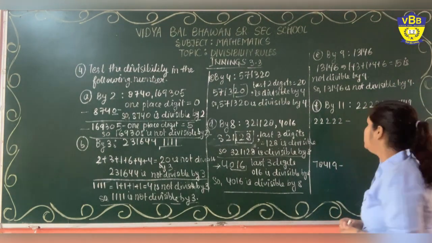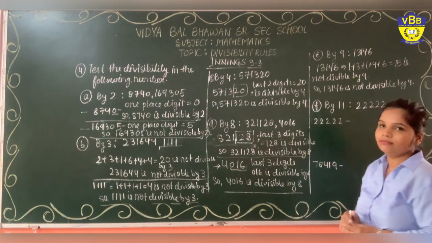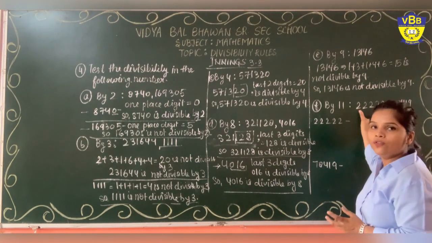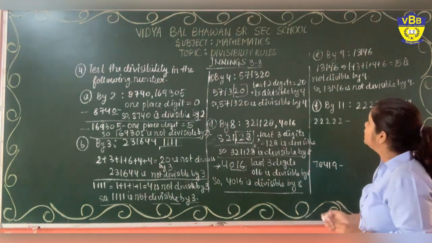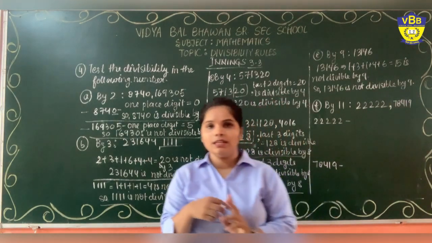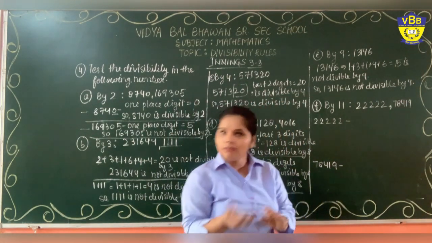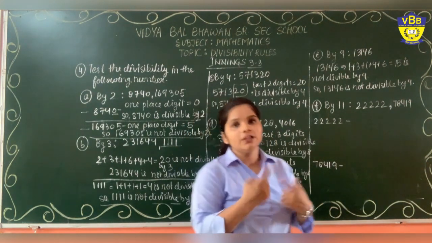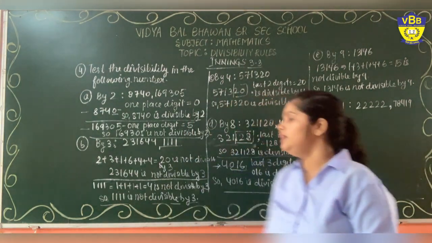If we do the question of 11, we have to check the divisibility of this number by 11. For 11, you need to specify the odd places and even places, and then do the sum of the odd place digits and the sum of the even place digits, and find the difference. If the difference is divisible by 11, then the number is divisible.